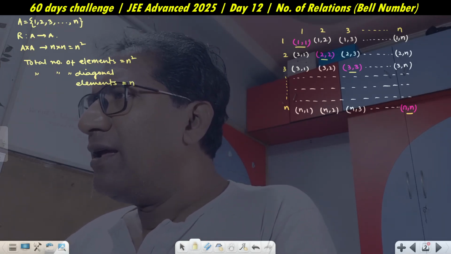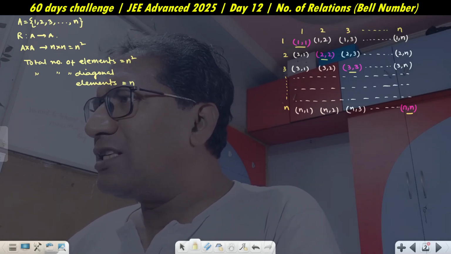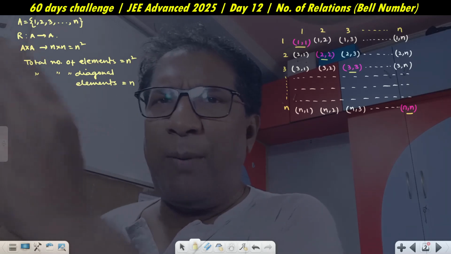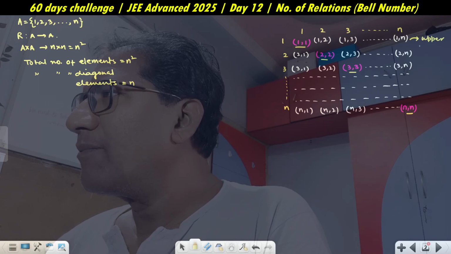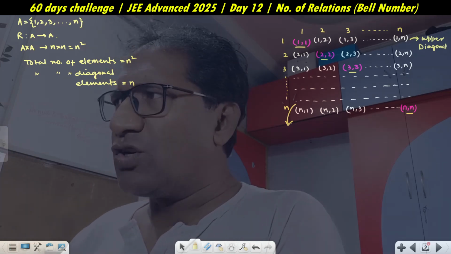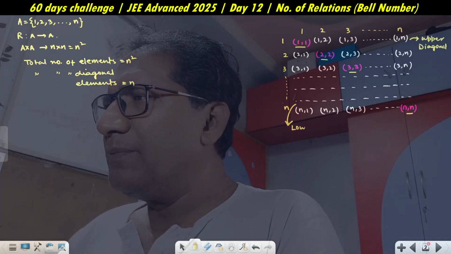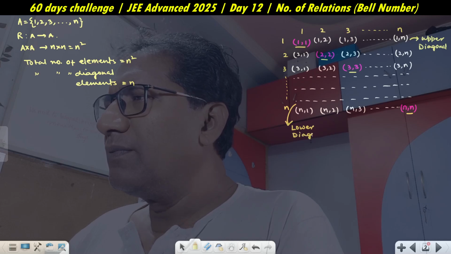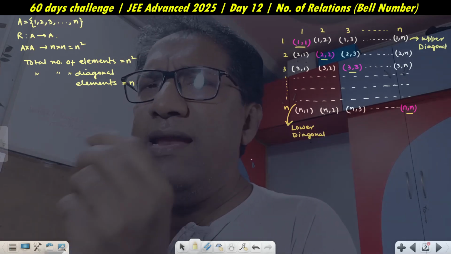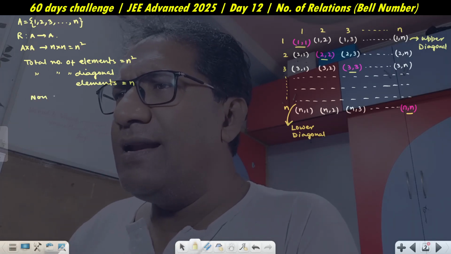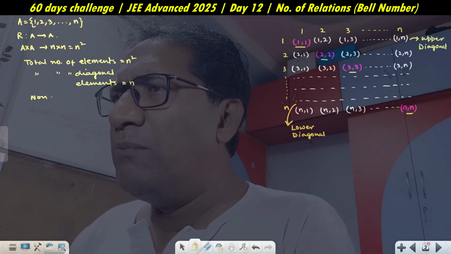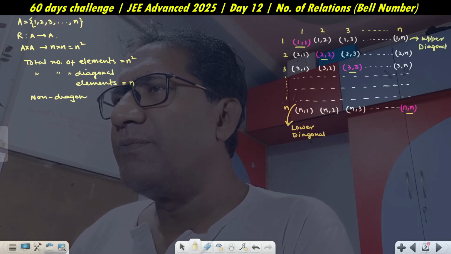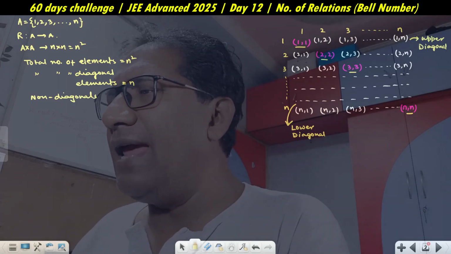Now you see, leaving the diagonal elements in this matrix, we are left with the upper part, which is called your upper diagonal, and the lower part, which is called your lower diagonal. They are called non-diagonal elements. So, how many non-diagonal elements are present?